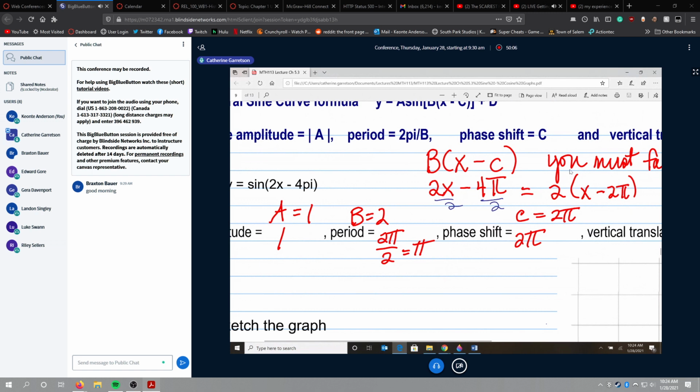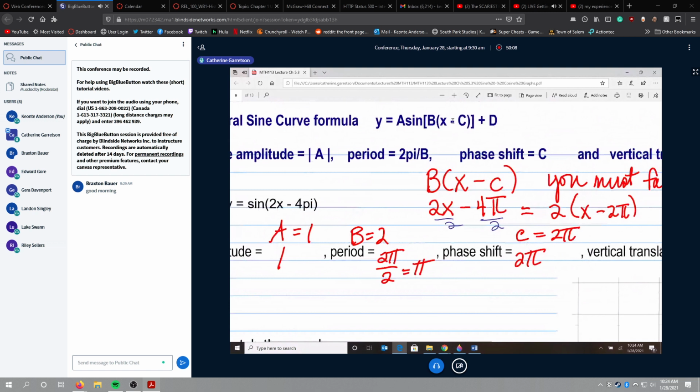Now notice the formula was a subtract formula. So we won't say negative 2 pi, we'll just say 2 pi. So it has a phase shift of 2 pi. So that means it's going to shift it 2 pi units to the right. And it's going to change the period. The phase shift is a horizontal shift to the right.